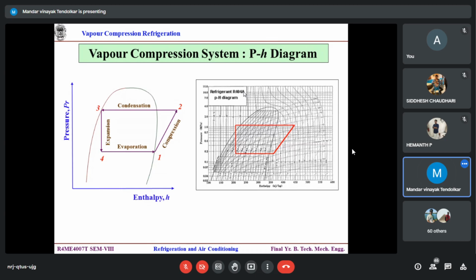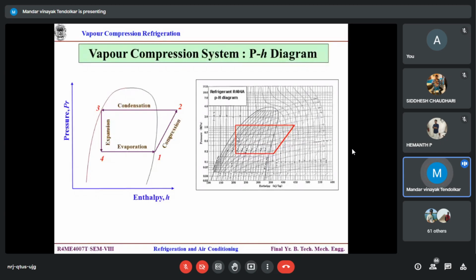You can find it for R11, R12, R22, R134A, 717, 714, anything. Carbon dioxide, ammonia, 744, anything. Fine. Yes, sir, this is how the chart looks.